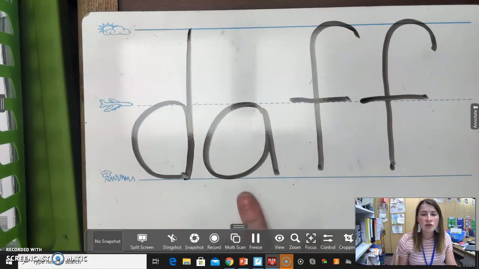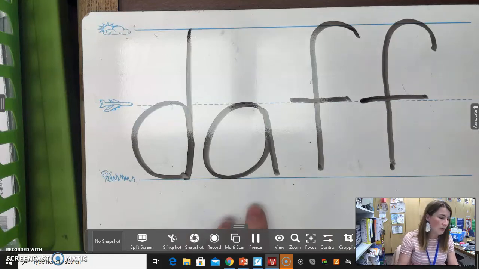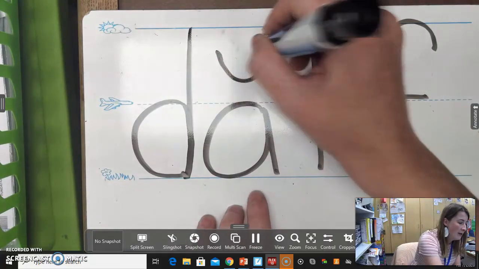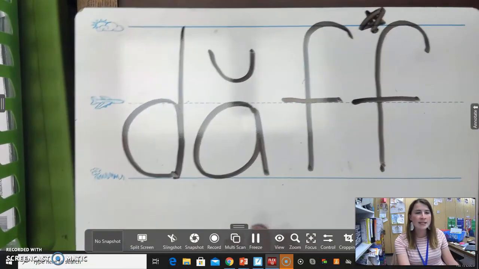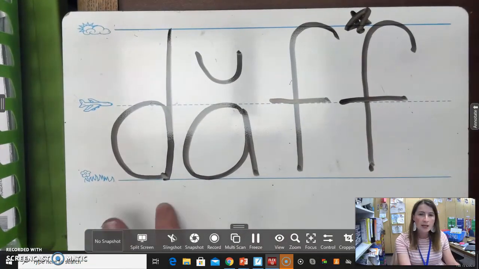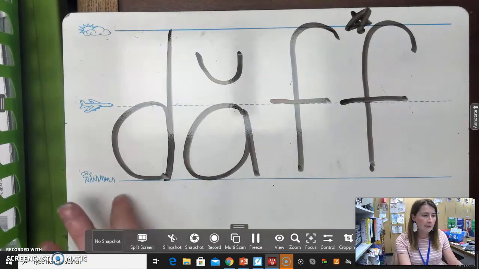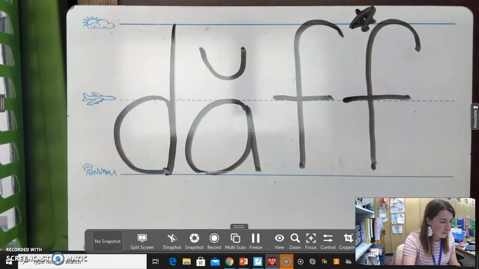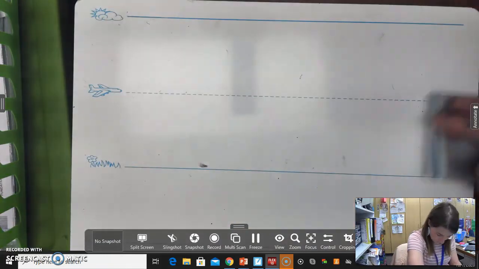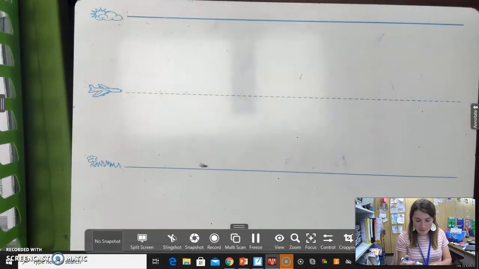And I also have a short vowel. So first I'm going to mark the short vowel. Then I put a star above the F because it is a bonus letter. Daff. All right. Good job, first graders. Give yourself a pat on the back.